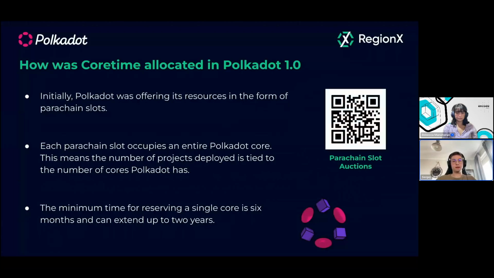This means that the number of parachains secured by Polkadot is limited to the number of cores Polkadot has. Also, each of these slots has to be reserved for a minimum of 6 months and mostly up to 2 years.